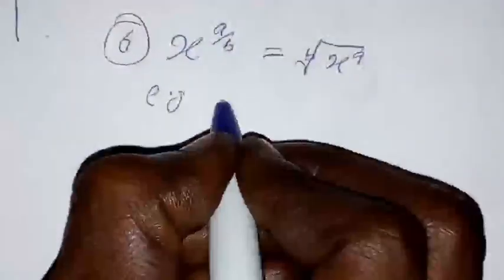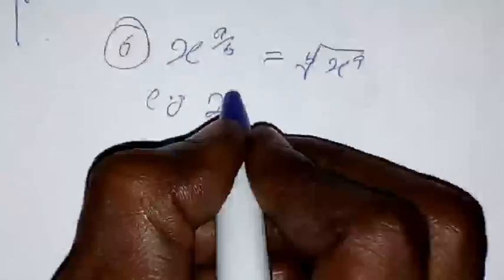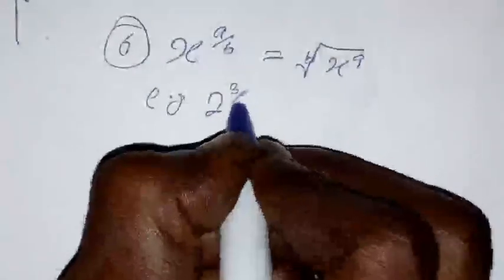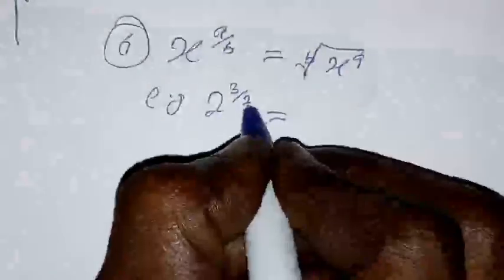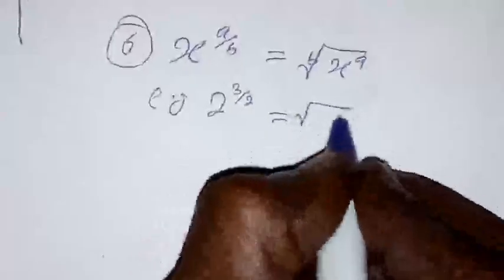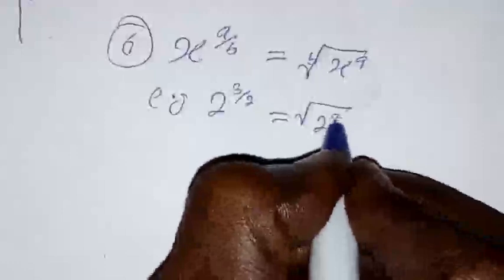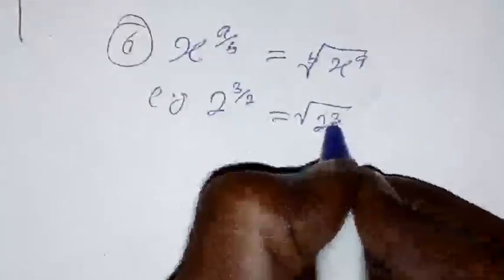For example, if I have 2 to the power of 3 over 2, this can be expressed as the square root of 2 power of 3.